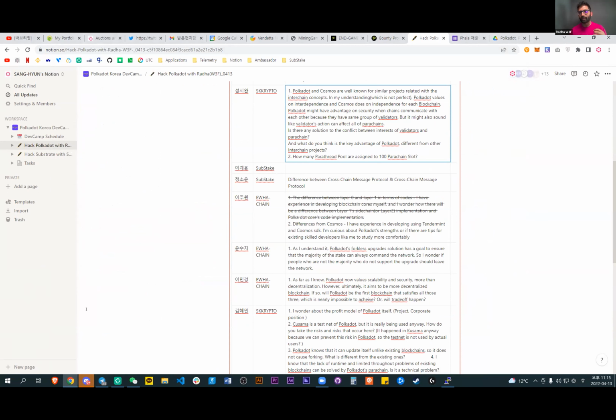WASM means WebAssembly. If you're already familiar with WebAssembly, you would know that it's platform agnostic, so it can run on a browser or any sort of platform. So you have the code which will be used to process a transaction. Let's say you send some balance to somebody else, the way it gets executed is through that state transition logic.